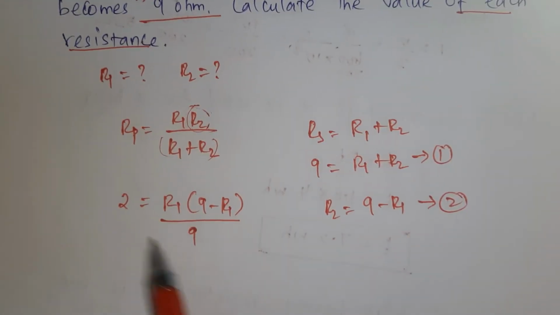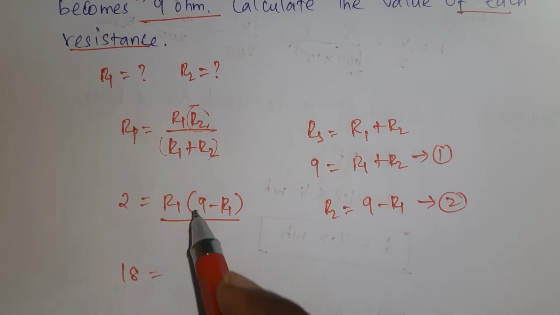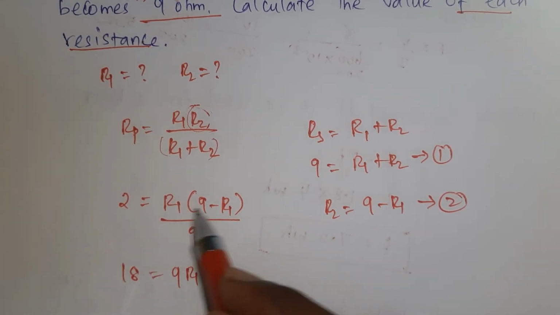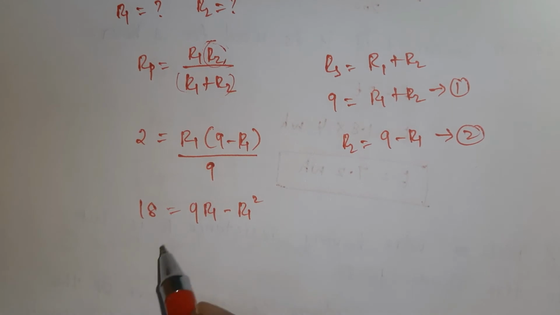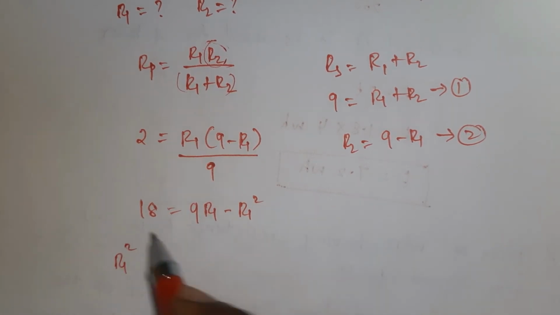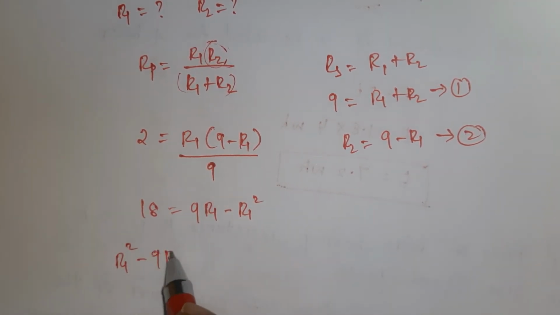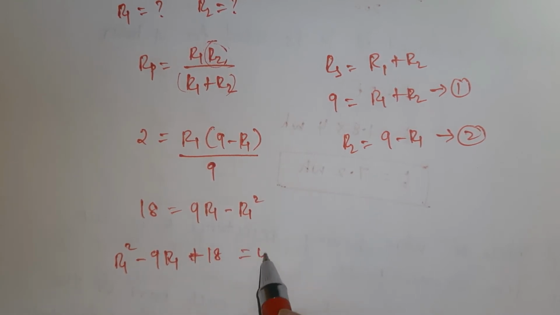Now we can simplify. 2 times 9 is 18 = 9R1 minus R1 squared, minus into minus. Then take both of these terms to the left-hand side.